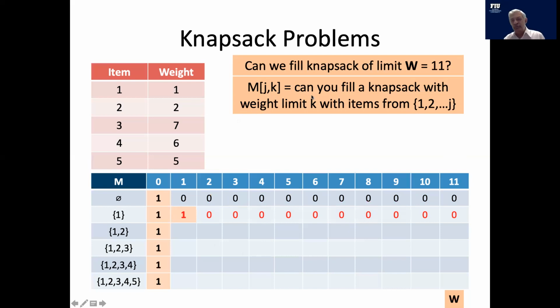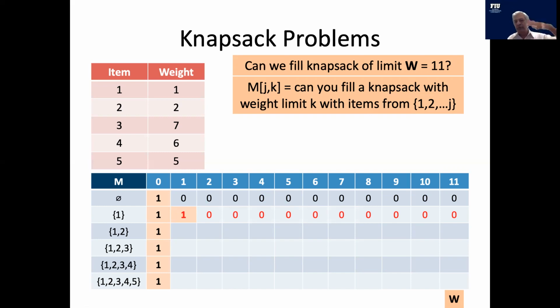It's a true-false question that says, can you fill a knapsack to capacity as long as its weight limit is k, which is the column, and as long as the items you can choose from are only 1, 2, 3 up to j. You don't have the entire set to choose from. You only have the first j items to choose from.